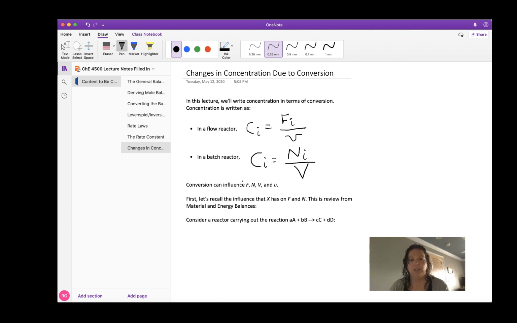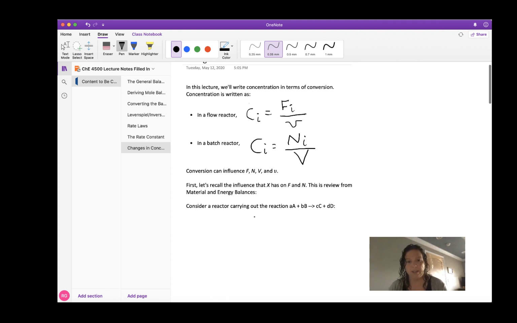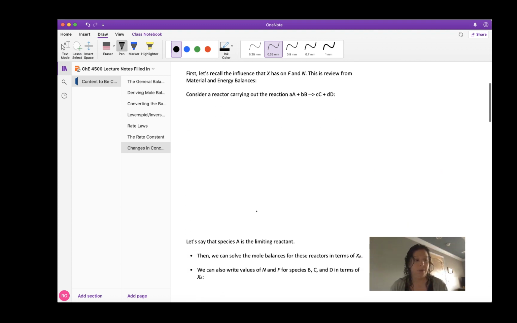And conversion can influence all of these terms. So first, let's recall the influence that conversion has on the mole terms, so the molar flow rate and the number of moles. To do that, let's consider some chemical reactors. We'll look at a batch reactor. I'm going to draw that over here.